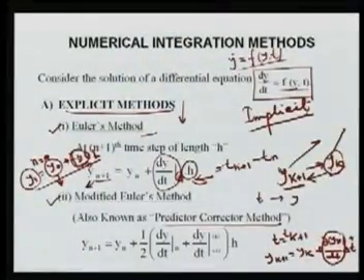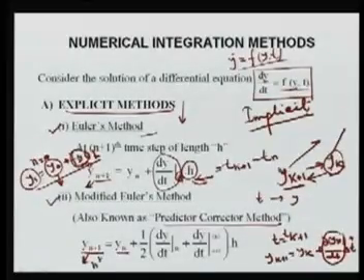So at the predictor step we calculate the value of yn plus 1 as usual. This is yn, meaning we are calculating at the nth iteration. So yn plus 1 is the previous step value plus half of del y upon dt.